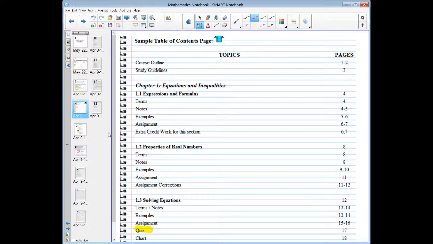This is a living document. It keeps going. We then move into the next chapter and so forth. And on we go. And here's the best part of the whole thing. The notebook is the best possible thing you could have to get ready for your tests. It becomes an awesome study tool.